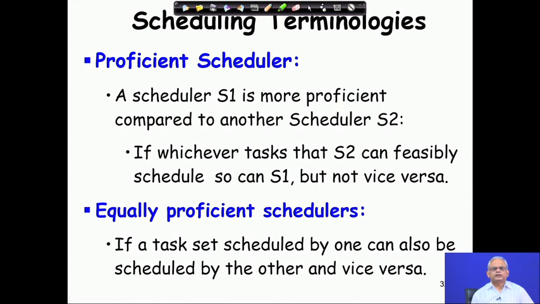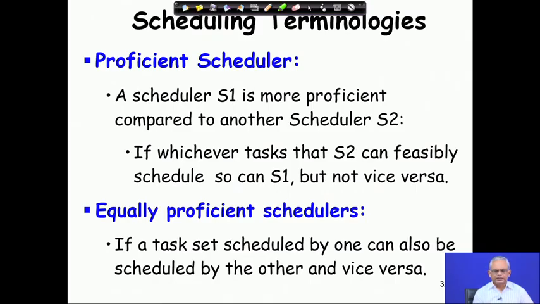We have another term, a proficient scheduler. We will see that given a task set for an application, some scheduler cannot really ensure that the tasks meet deadlines, whereas there may be another scheduler which lets this task set meet the respective deadlines. Then we say that the second scheduler is more proficient.